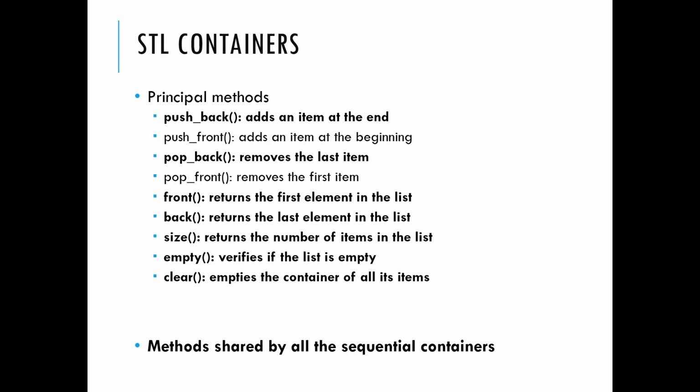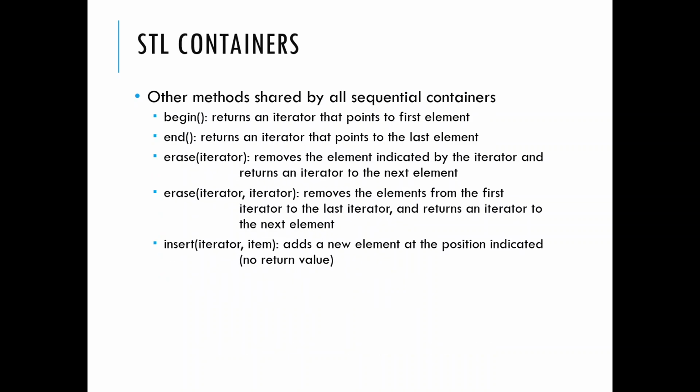I can call push back to add an element to a vector. I can also push back to add an element to a linked list, or push back to add an element to a stack, or whatever the case. I'm trying to get the same functions in all of these different container implementations, these different container types, so that there's a consistency in how I access things. And most of these are replicated in other container classes.